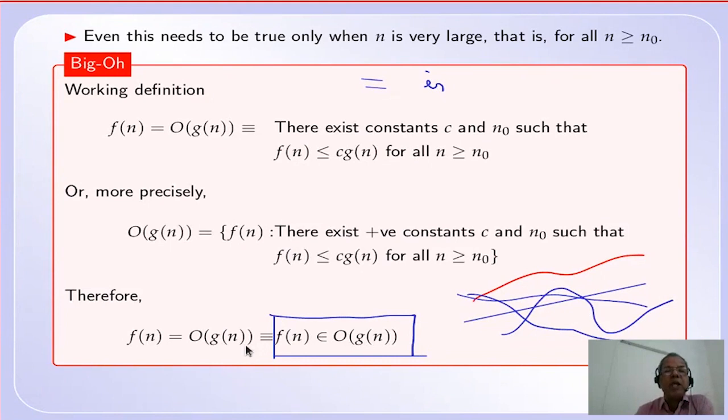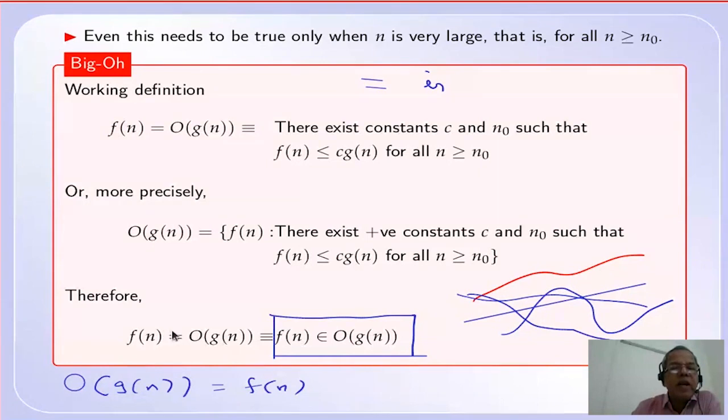Let me ask a question. This is the precise notation. This is a loose, informal notation. In this case, do you think we are allowed to write big O of g of n is equal to f of n? Can you answer this question?